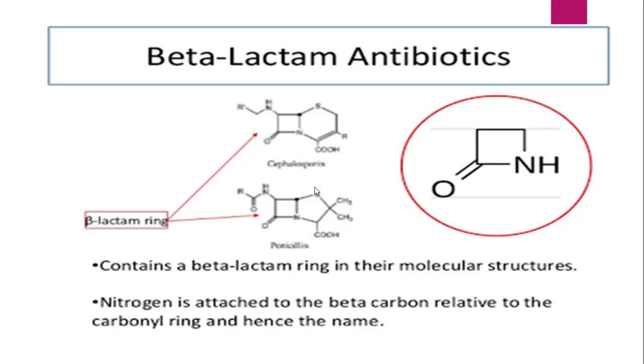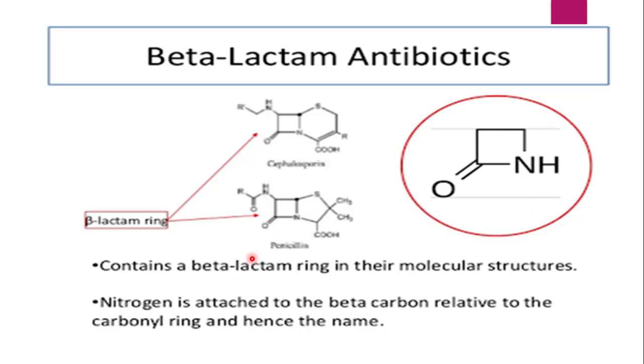ring which is known as the beta-lactam ring. If you see this 4-membered ring which they have highlighted and enlarged, this is the beta-lactam ring, which is a 4-membered ring.